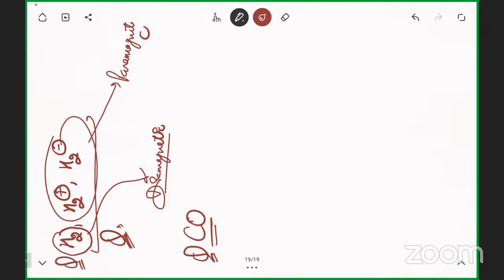See, the configuration is sigma 1s, sigma star 1s, sigma 2s, sigma star 2s. Then pi 2px equals pi 2py.